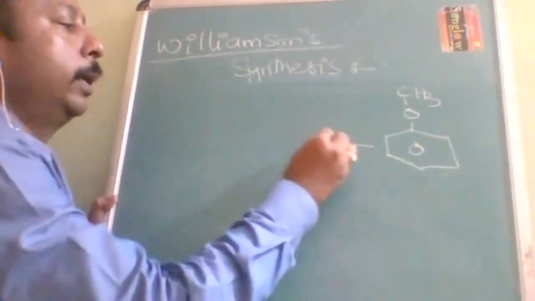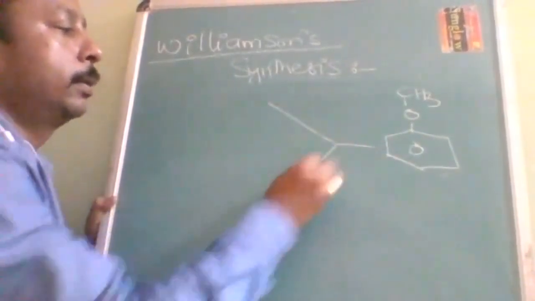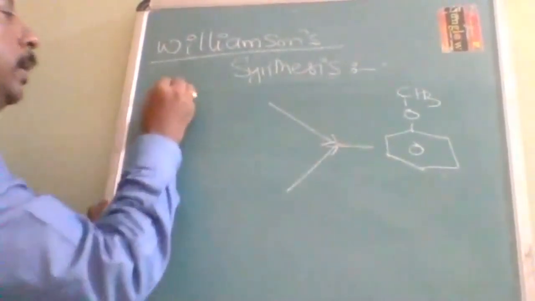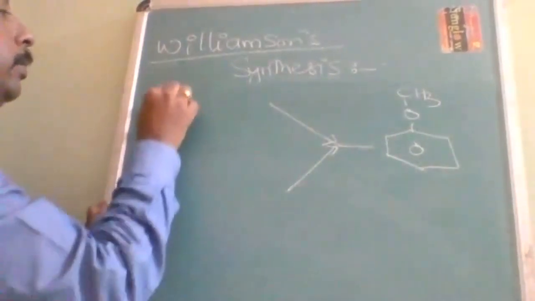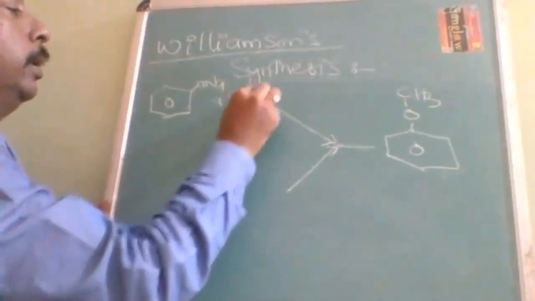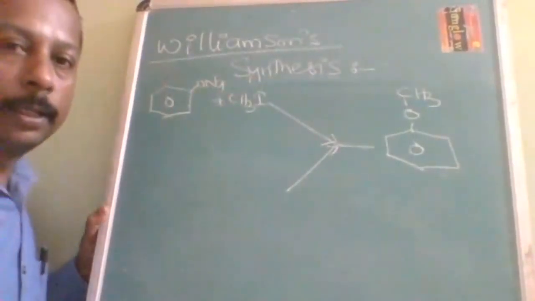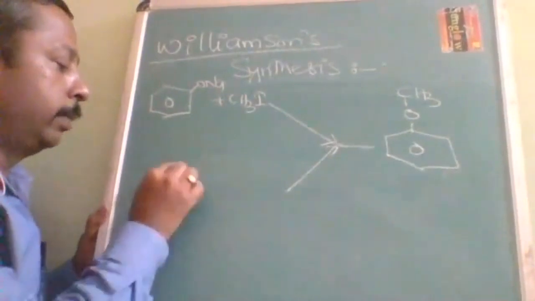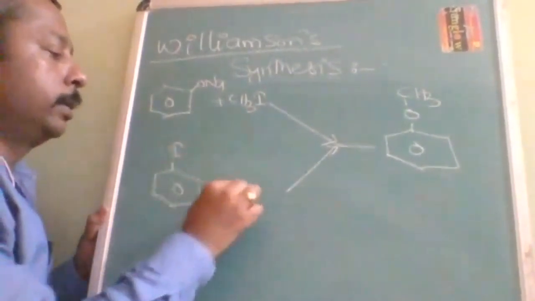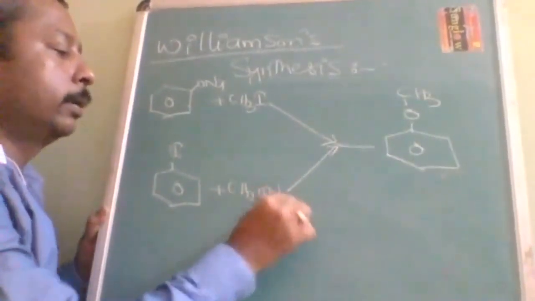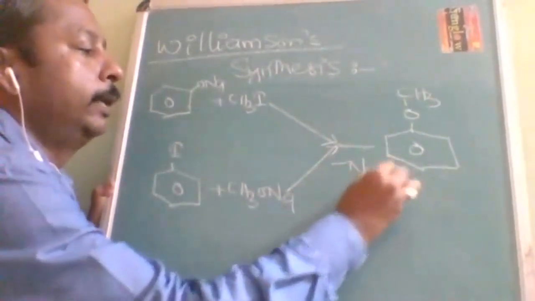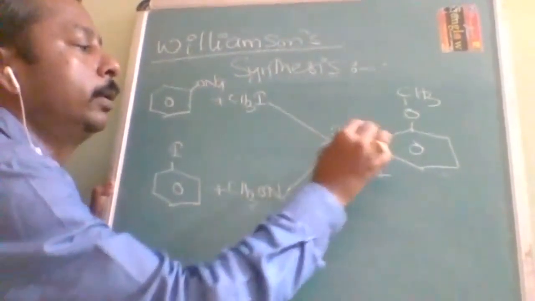Now again I have two choices. I will think that in both conditions it is going to form. What is that condition? The first condition is sodium phenoxide treated with CH3I. The other pair of reactants can be phenyl iodide plus CH3ONa, in dry ether.